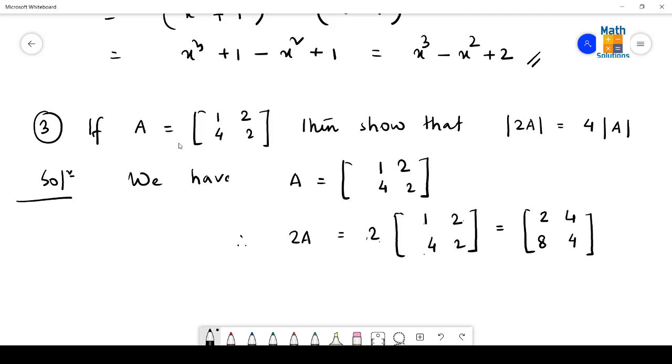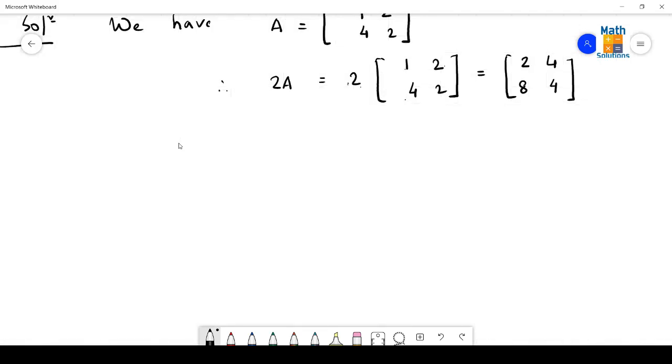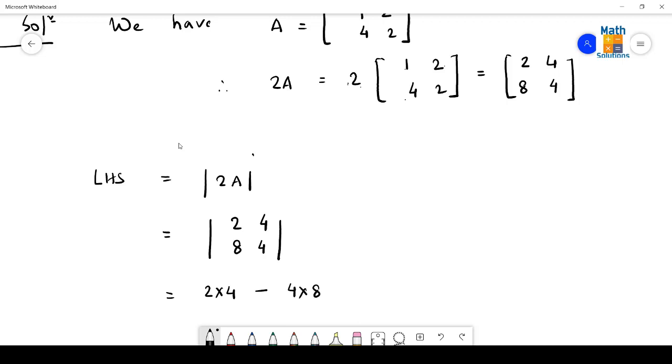And then coming to the next part, we shall get here LHS. We need the LHS as determinant of twice A. So here in this case, determinant of twice A will be like this: 2 4 8 4. Let us expand. 2 into 4 minus 4 into 8.